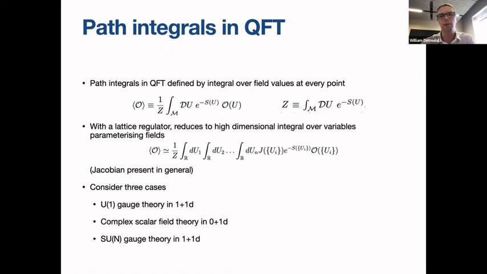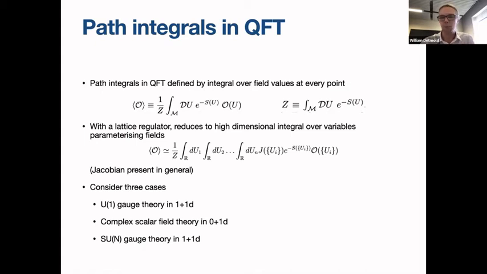And so here, if we just take a scalar field, it really is just an integral over the values of the field at each point, 1 through n. If it's something like QCD, where you're integrating over the gauge field, then there's a Jacobian to go from the Haar measure to the integral over the angles that we'll see will define our SU3 integrations.